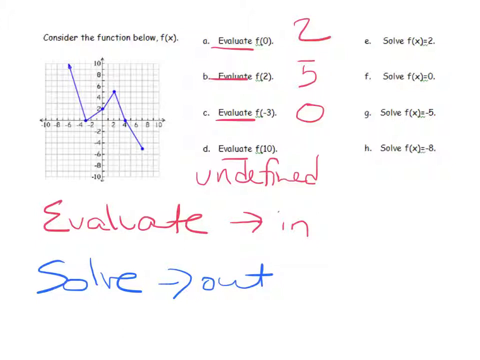We're going to move on to our solving now. So if we're going to solve when f of x equals 2, we look, this means the y value is 2, and it looks like, oh, there's a few points. 1, 2, 3, and I'm actually going to highlight those. We've got 1, 2, 3 times when the function has an output value of 2. We're going to estimate this. This is approximate, let's say x is, let's see, it looks like maybe negative 3.9.